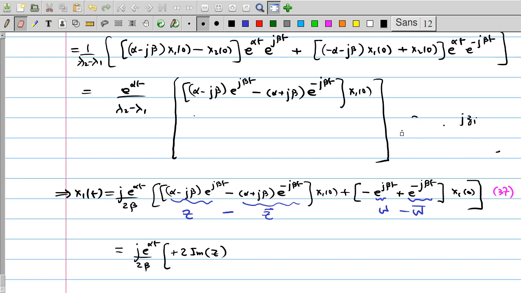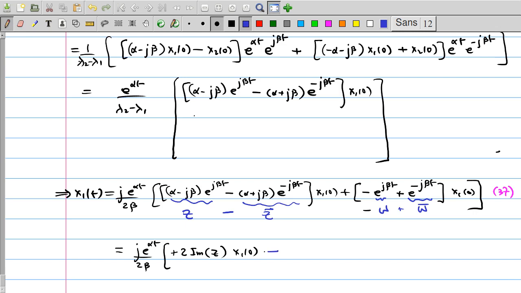The other one will be minus 2 times x10 plus this is w. But it's not w minus w bar, it's minus w plus w bar.